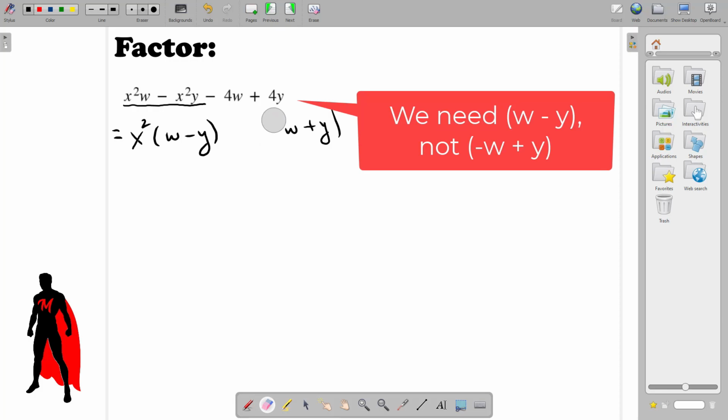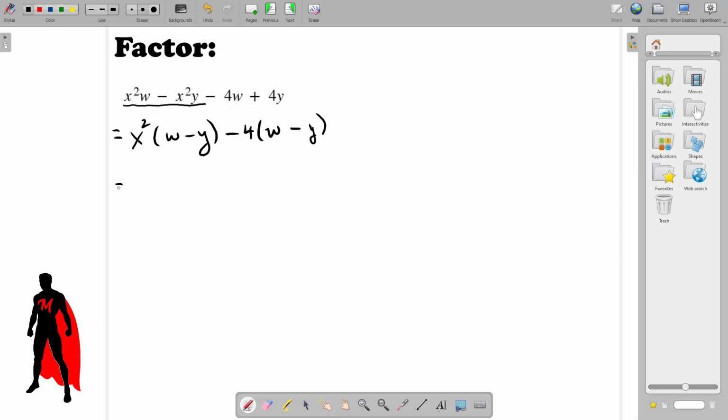So what I need to factor out is a negative 4, so that I get positive w. Negative 4 times w is negative 4w, minus y, so that negative 4 times negative y gives me a positive 4y.